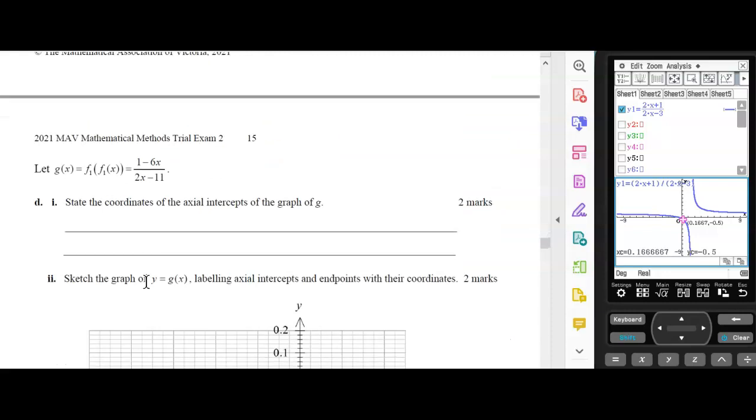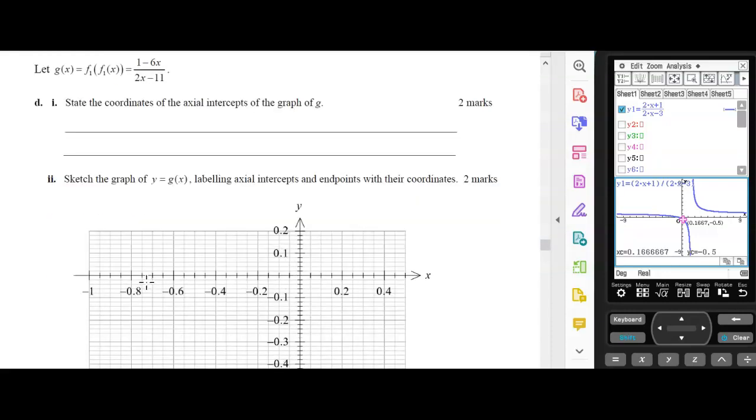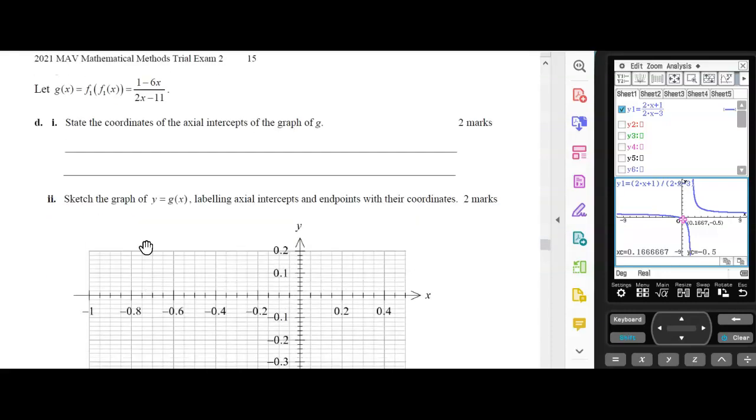All right, so let's move on to D. So g(x) equals that composite function. So it's done it for us. State the coordinates of the axial intercepts of the graph of g. All right, so I'm going to just change my function here on my calculator.